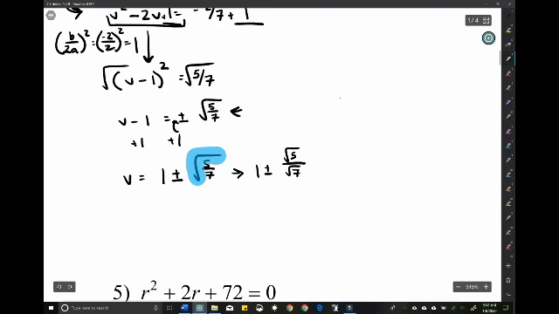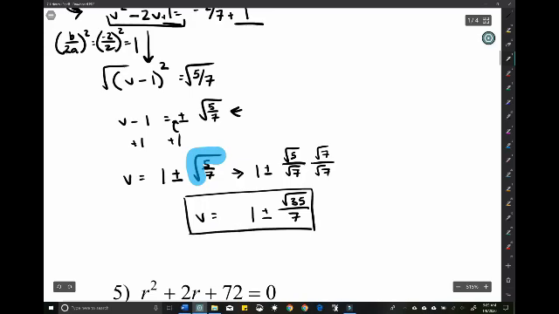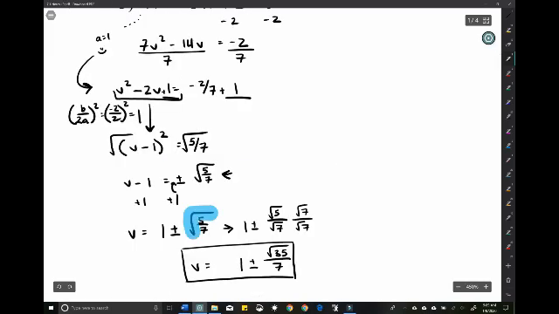We can end up multiplying the top and the bottom by square root of 7 over square root of 7, meaning we have 1 plus or minus square root of 35 all over 7. Okay, so that is an acceptable answer. Don't want to have that square root in the denominator.